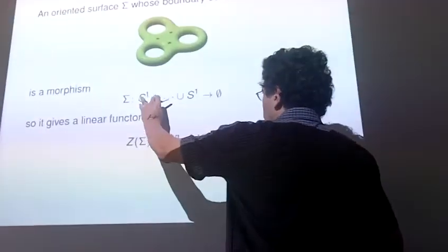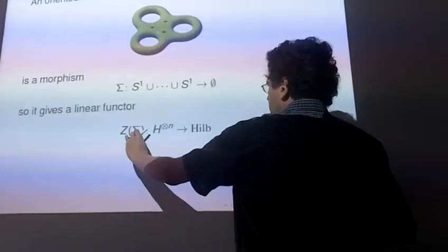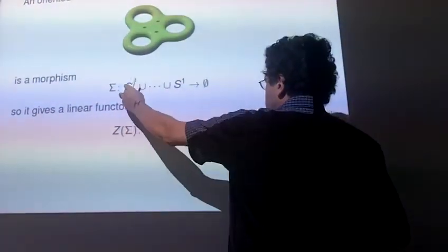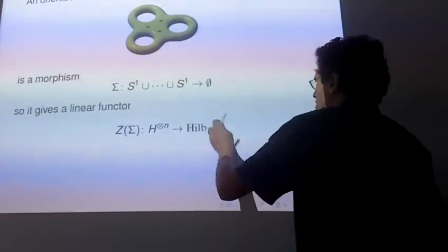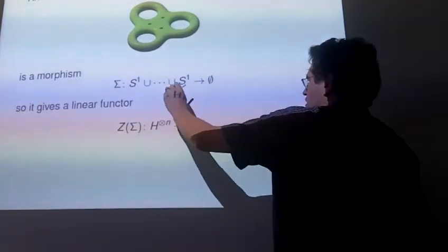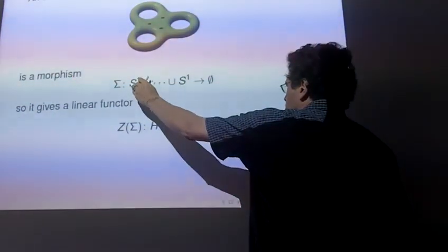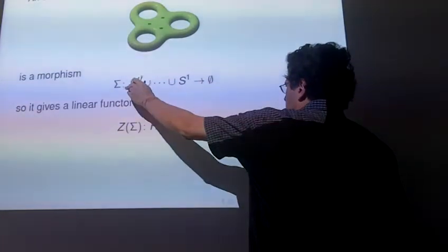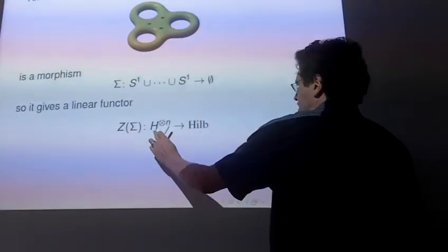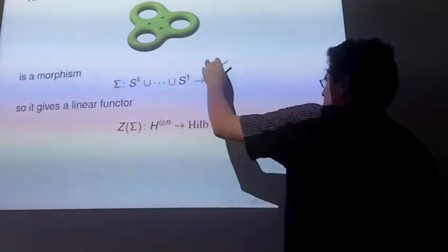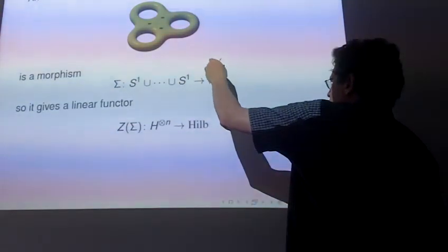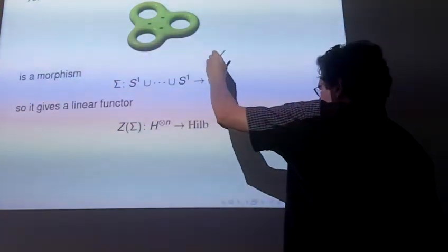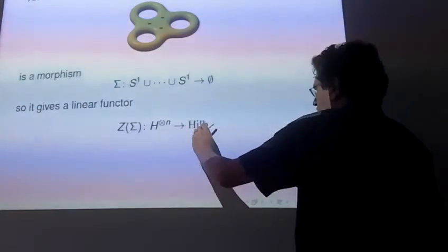And then because our TQFT is a functor, Z of sigma will go from Z of this to Z of this. Because the functor Z is monoidal, it will take disjoint unions to tensor products. This is an empty union of circles, so it gets sent to an empty tensor product, which is just Hilb.